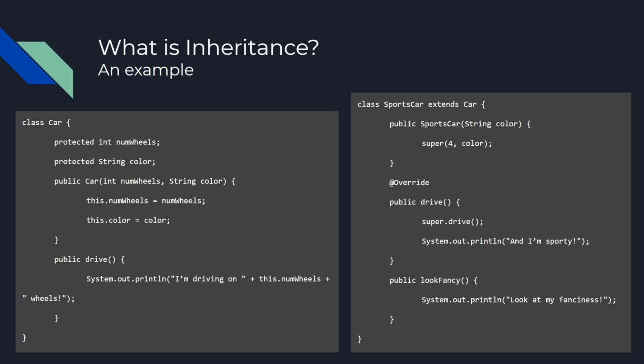So let's say I want to make an application about cars, and I have sports cars, I have trucks, I have sedans, right? There's stuff that all 3 of them are going to do, and they're going to do those things in the same way, and they're going to have the same data. There's just some minor differences between them.